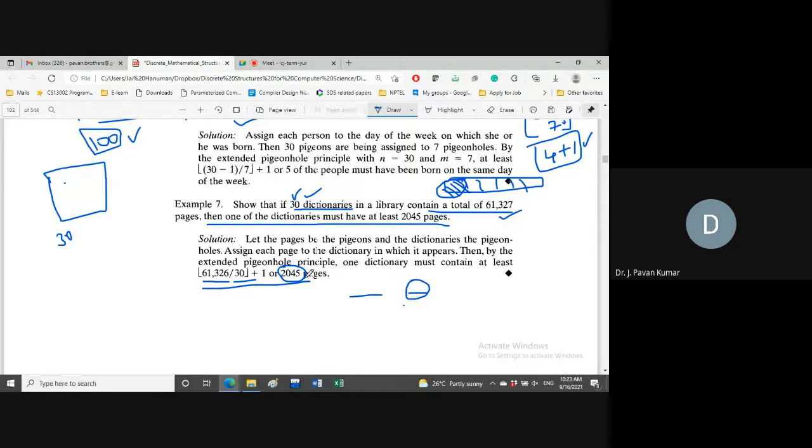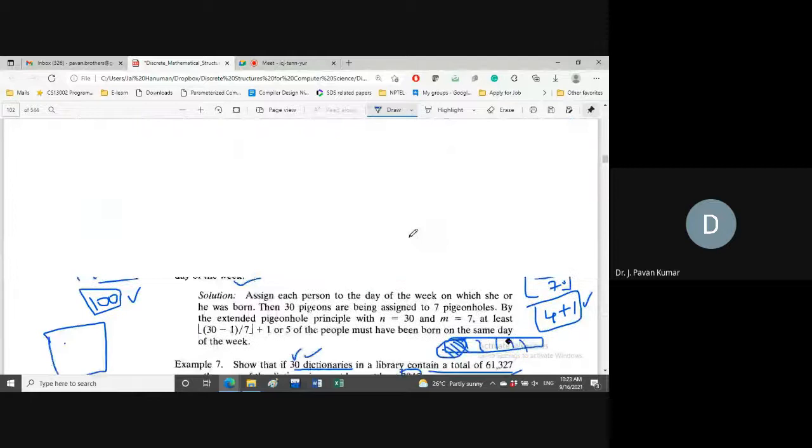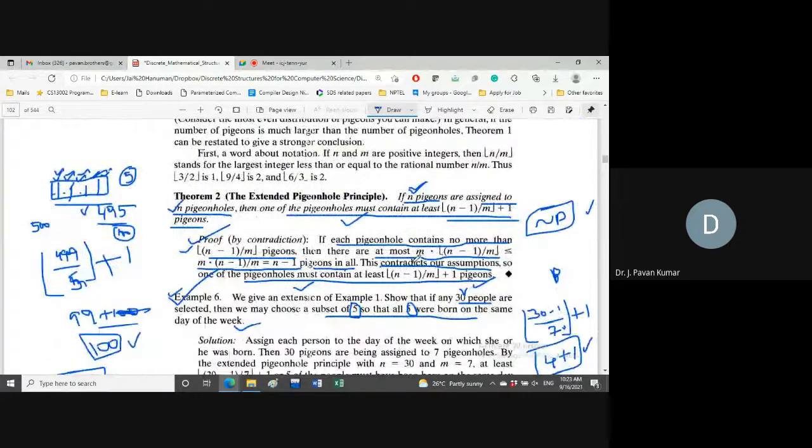But if you say at least one dictionary will contain a minimum of these many pages, then it is useful. That's why we have this extended pigeonhole principle. I hope you understand.